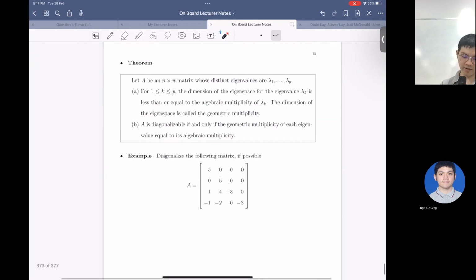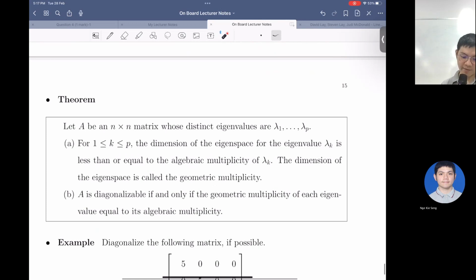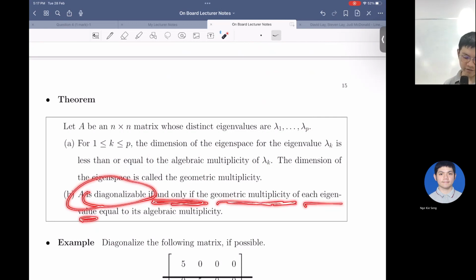So this means we have a theorem. The dimension of the eigenspace of an eigenvalue is always less than or equal to the algebraic multiplicity of itself. And A is diagonalizable if and only if the geometric multiplicity of each eigenvalue equals its algebraic multiplicity.